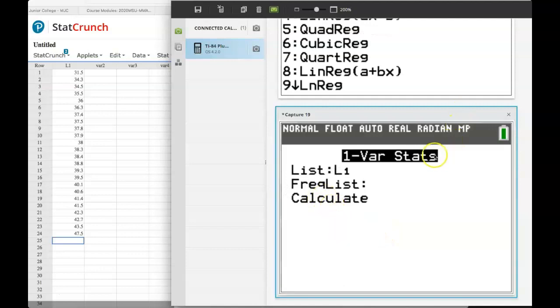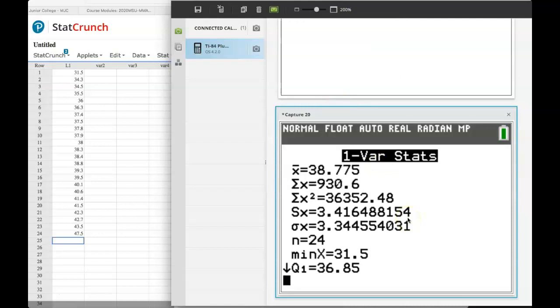Then again, enter, enter, enter. So this is sample mean since our data was based on sample. Here sample mean is 38.775. This is sample standard deviation, starting with s, is 3.4164. So rounding that is 3.416.